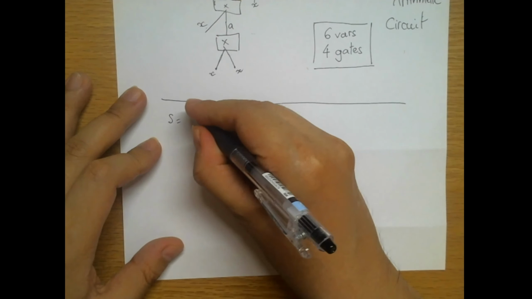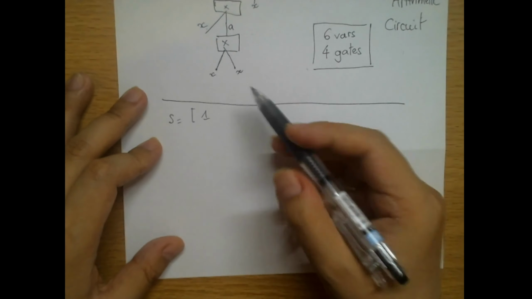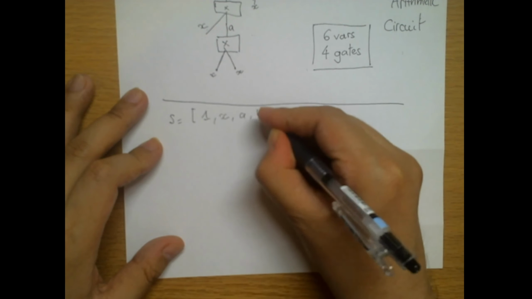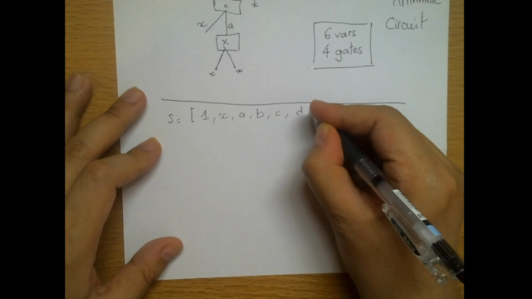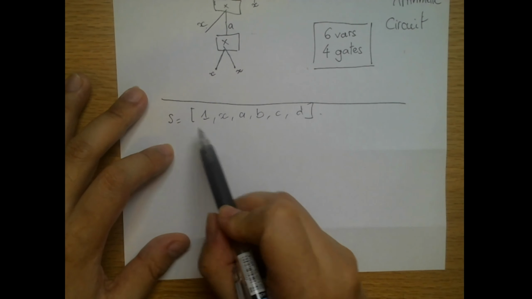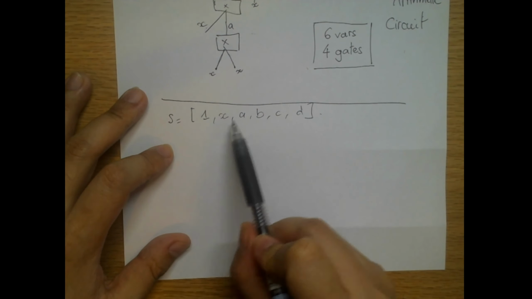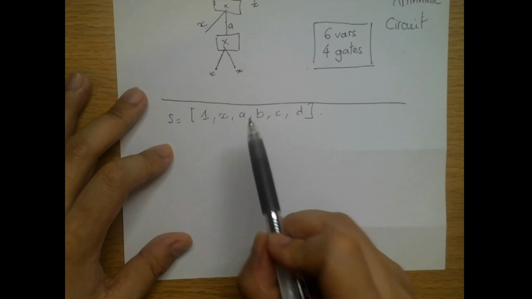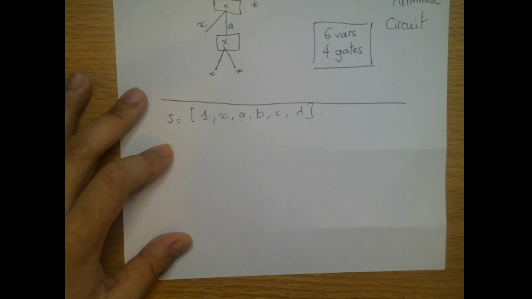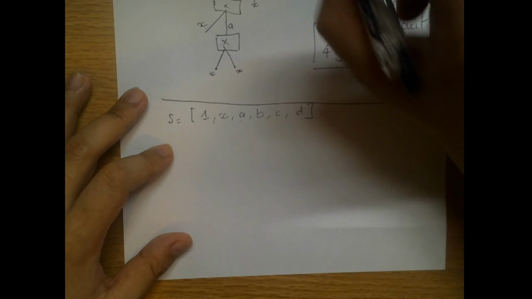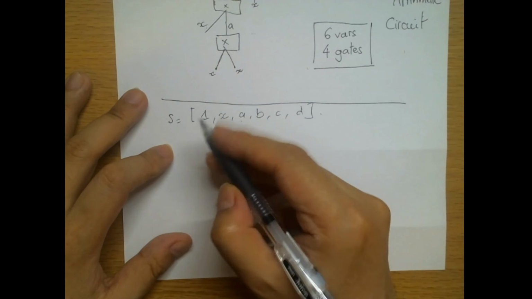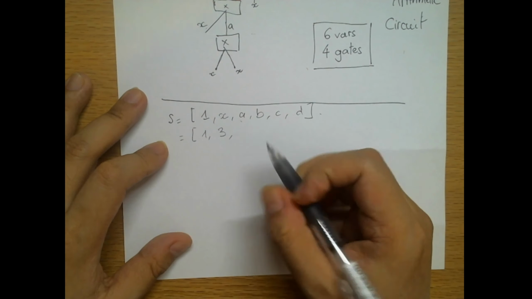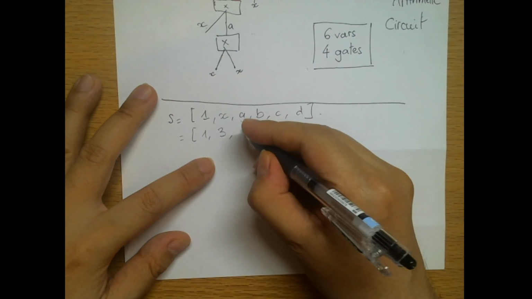So we start with 1, right? We have X, then we have A, B, C, and D. For a given X, you can calculate through these wires a value for A, B, C, and D. For example, if X equals 3, you would have 1, 3, then A is 9, 3 times 3.